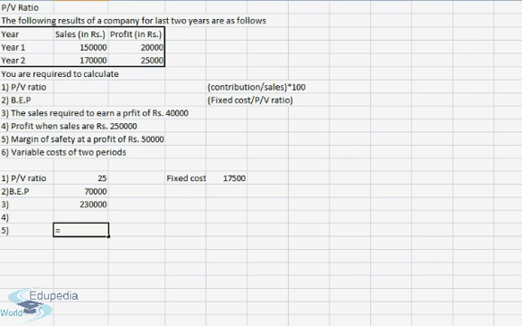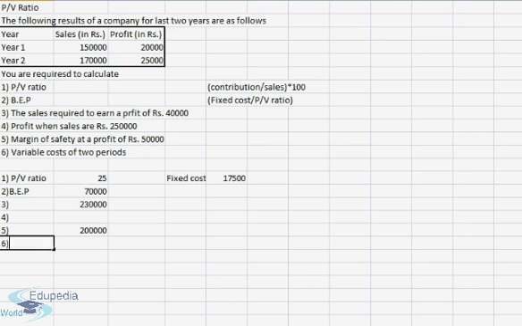We divide the profit amount by the PV ratio. It's very simple. So if the margin of safety is 2 lakh rupees, that means sales is 2,70,000 and we are making a profit of 50,000.